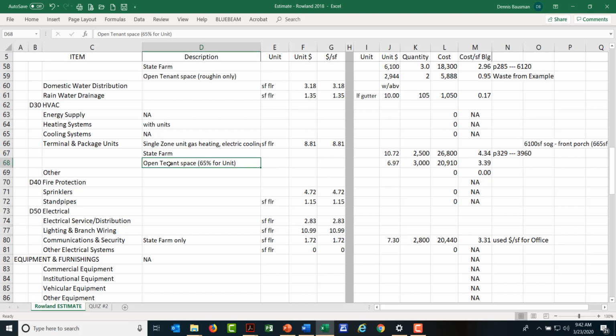For State Farm, I picked a different unit, page 329, that number there, and I said, okay, for State Farm, that space, it's going to be $10.72 a foot. I've got 2,500 square feet. For the open space, I just assume roughly 65% of that number, okay? Again, my best guess.